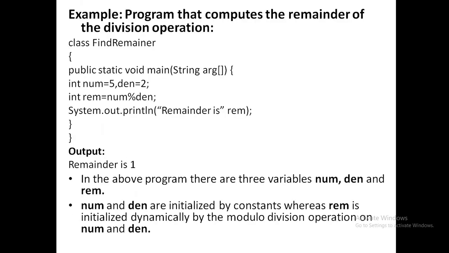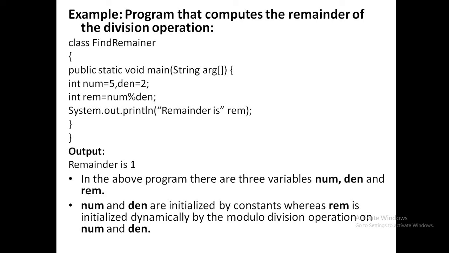Let us see an example program that computes the remainder of a division operation. Here a class is being declared, FindRemainder, and within braces we have the main function, and certain integer variables are being declared and initialized.